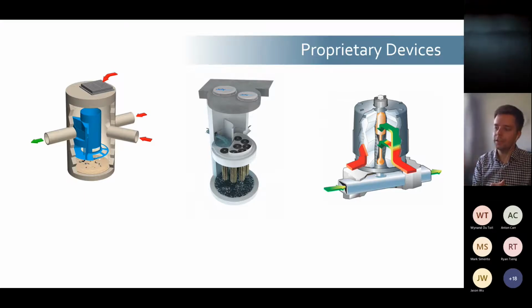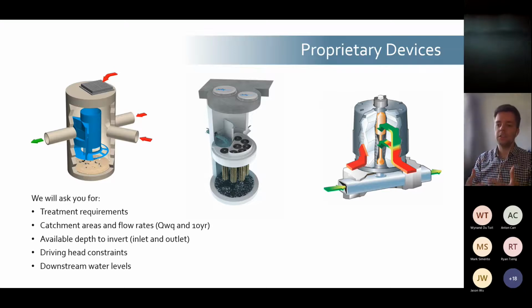The JellyFish filter is a membrane filtration device that achieves in excess of 75% TSS removal, including very fine particles. And then on the right, we have the StormFilter. The StormFilter is a media filtration device that can be used for both TSS and some metal removal.